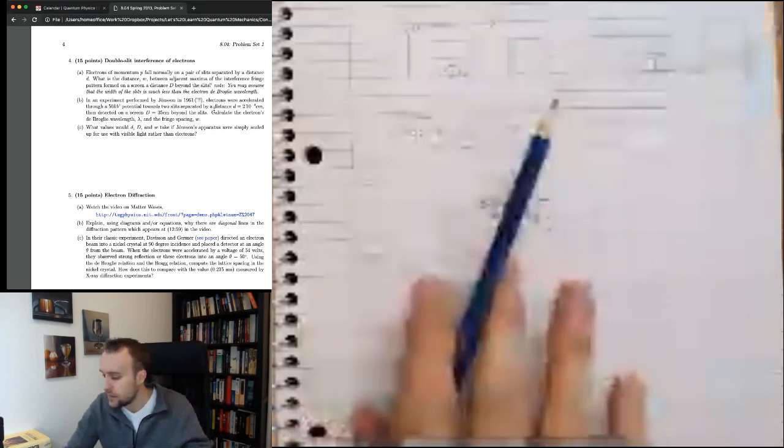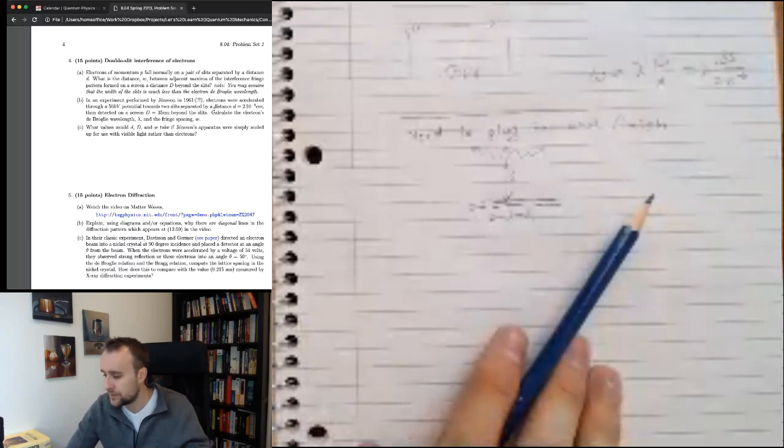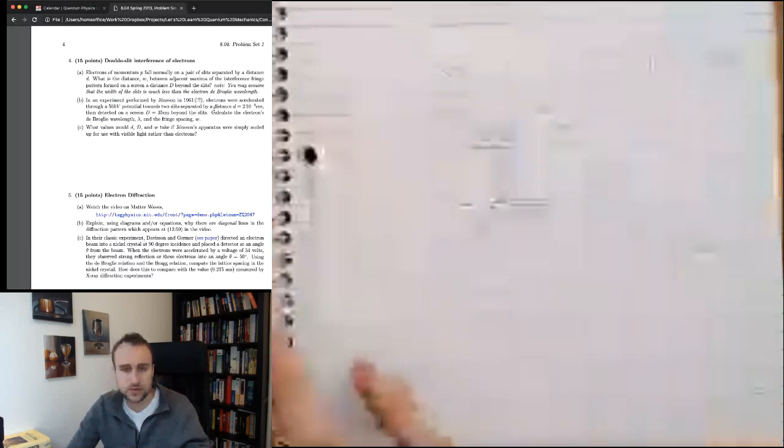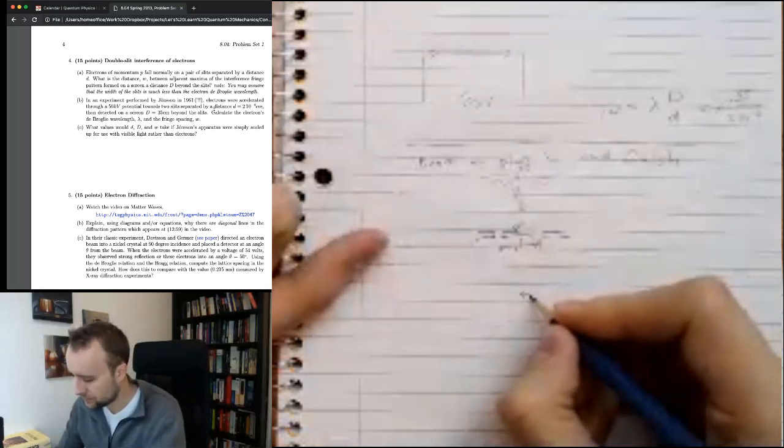And then from that we can also compute the fringe spacing by just this formula, which was derived basically in part 8. So 50 kilovolts of the electron is equal to the kinetic energy.